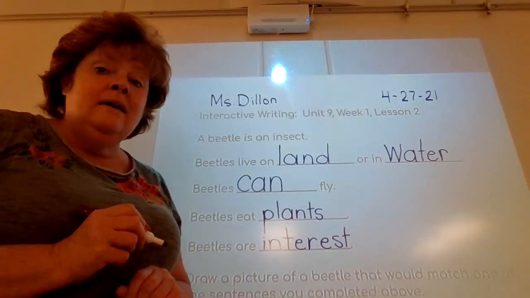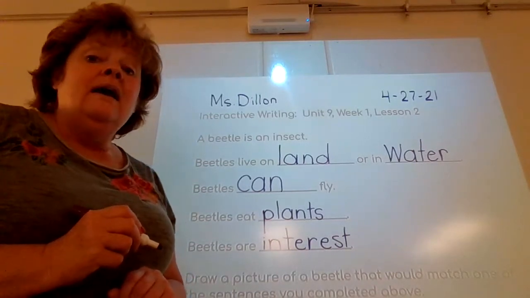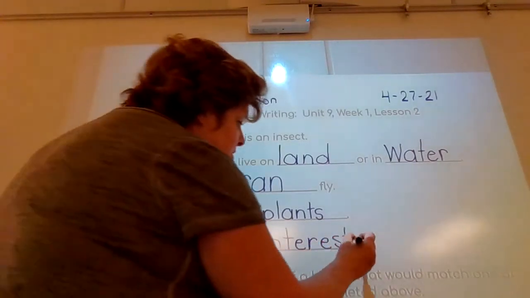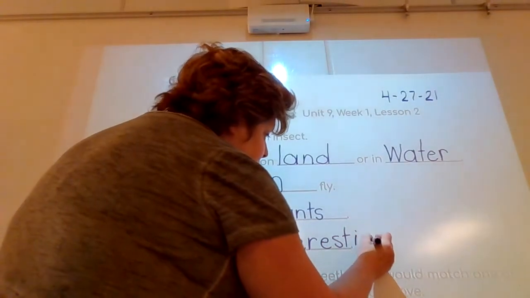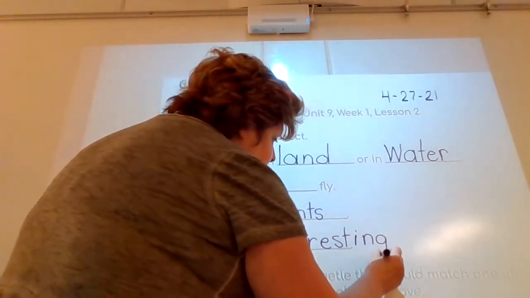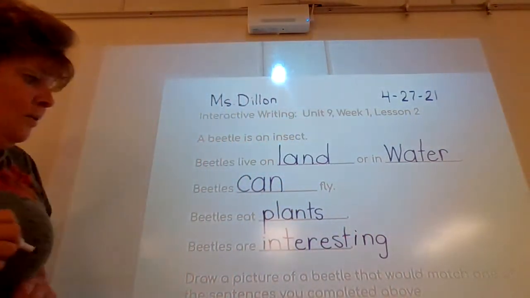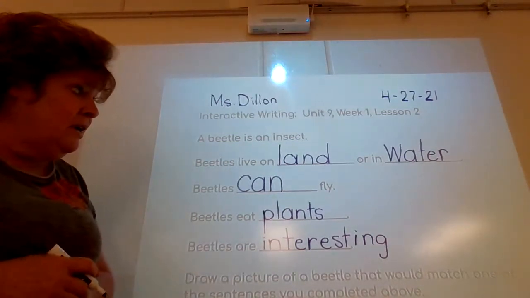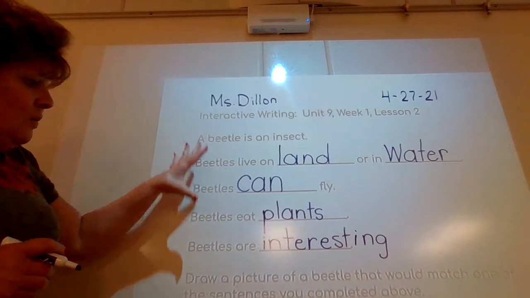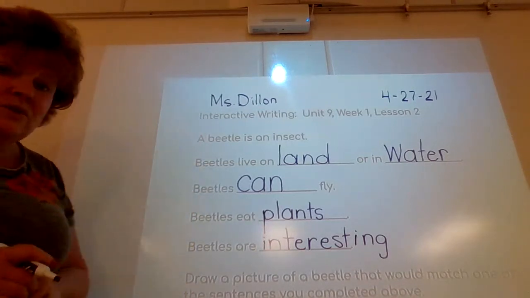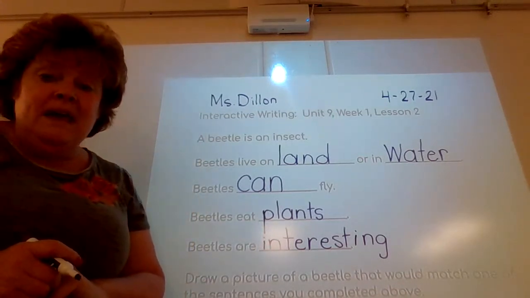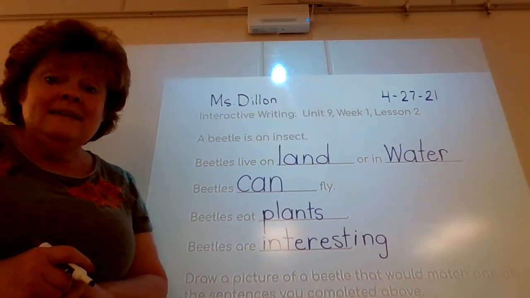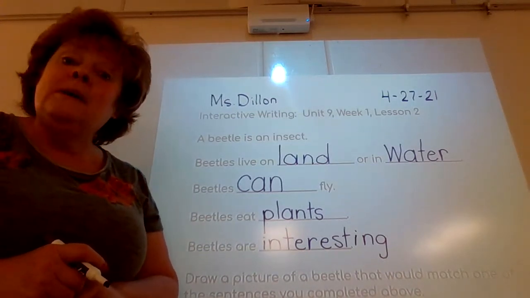What's ing? What 3 letters? I-N-G. Good. All right. Go ahead and finish that word. And then we are going to read this little story that we made about insects, about beetles.